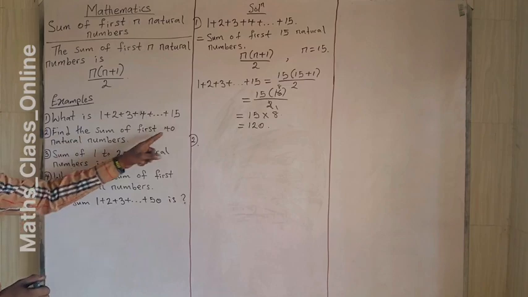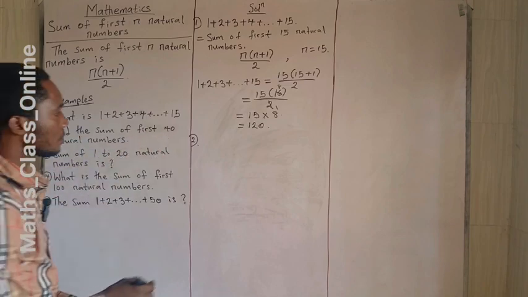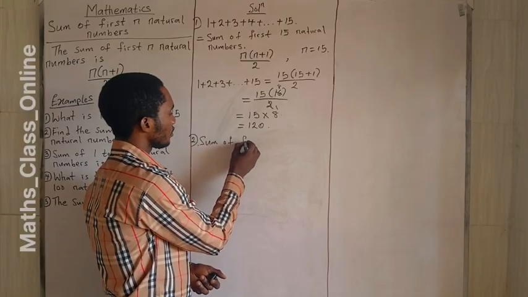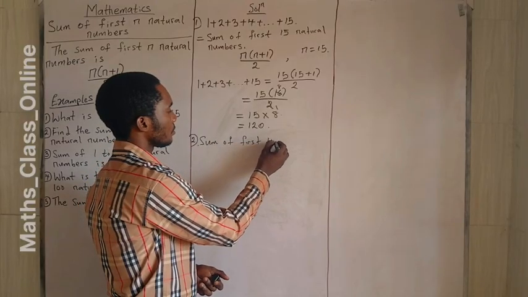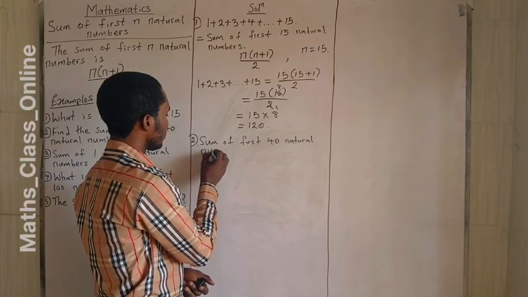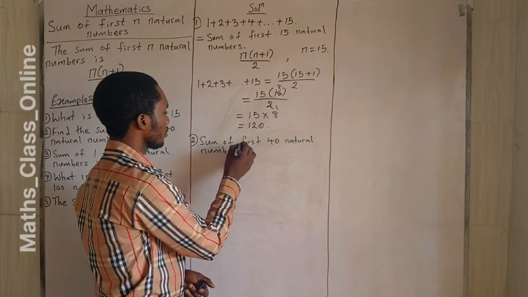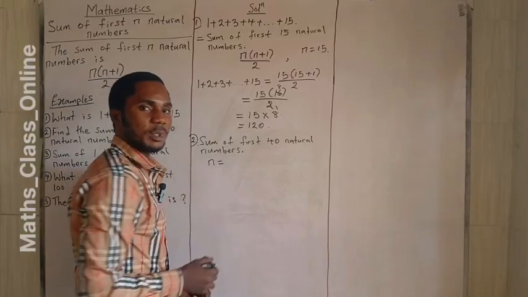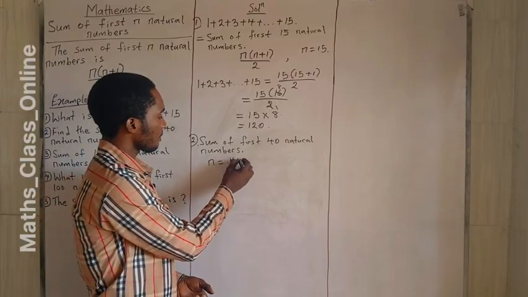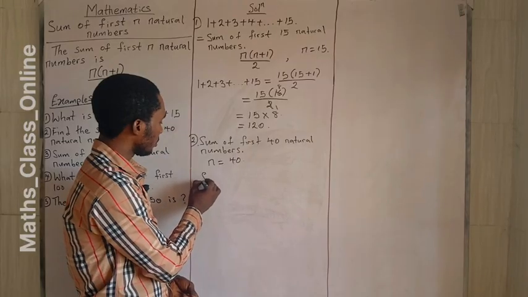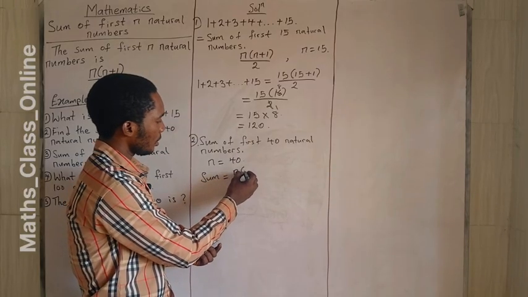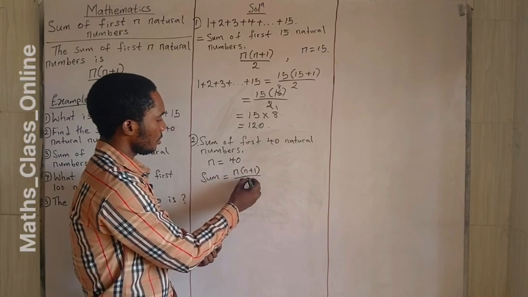Find the sum of the first 40 natural numbers. What will be the value of n here? The value of n here is 40. This means that the sum is equal to n open bracket of n plus 1 all over 2.